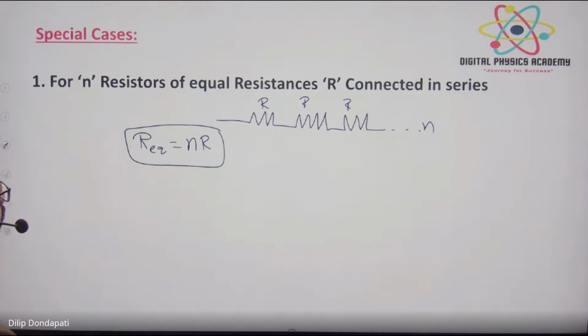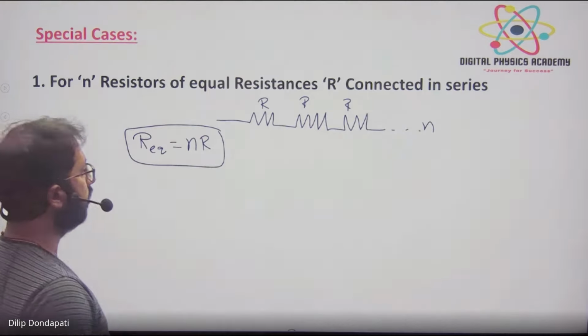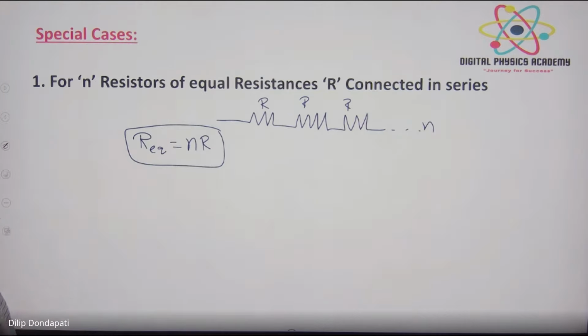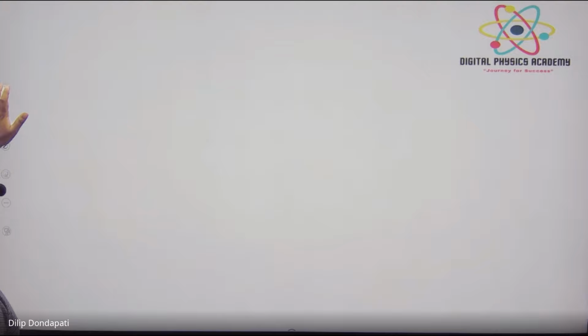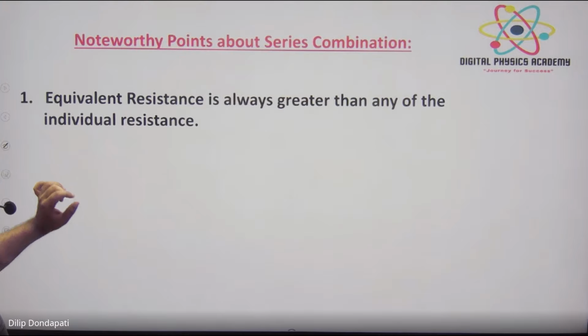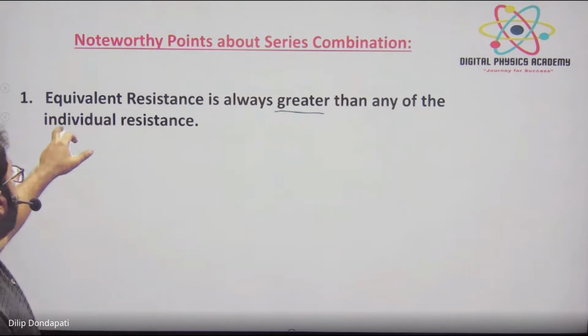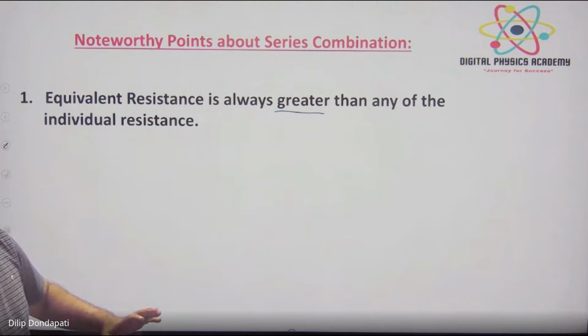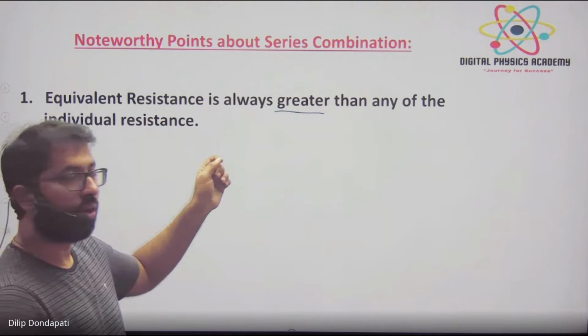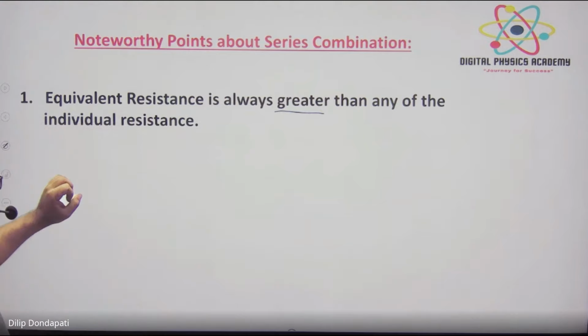Some more important points we'll learn. Next. Equivalent resistance is always greater than any of the individual resistances. In series combination, equivalent resistance is always greater than any of the individual resistances.